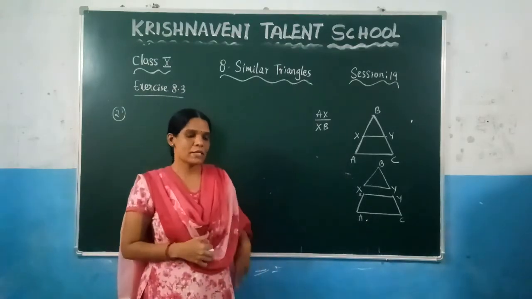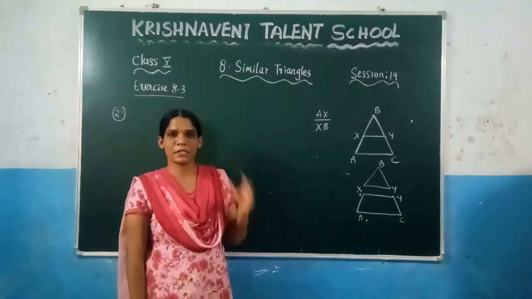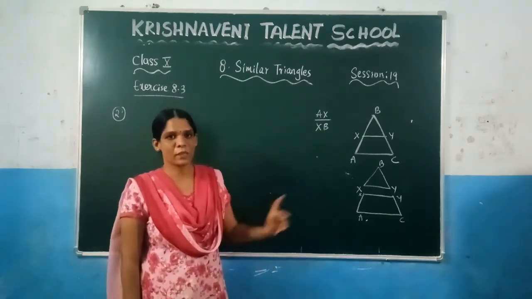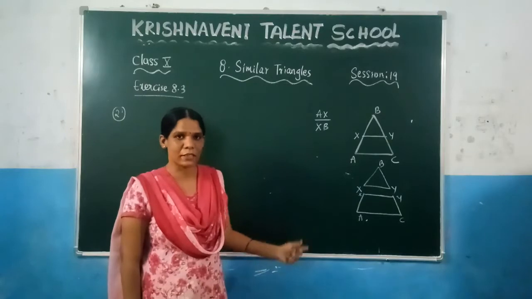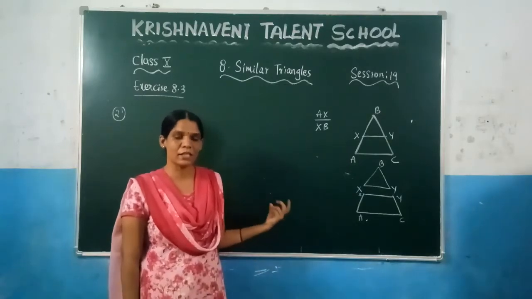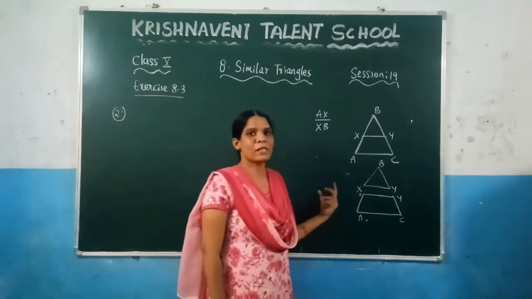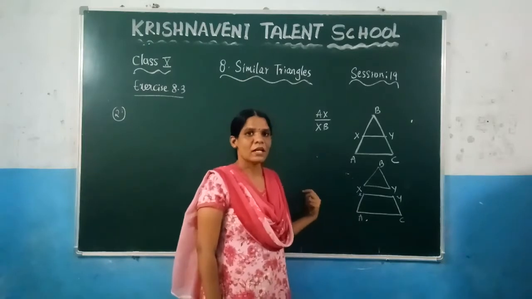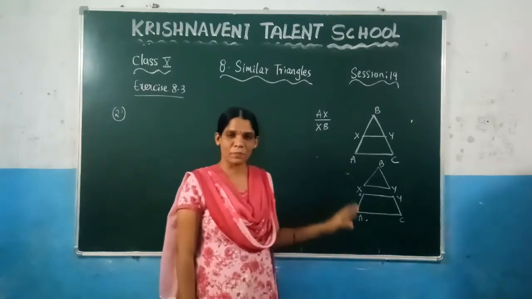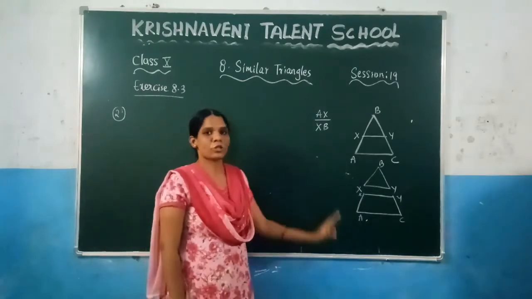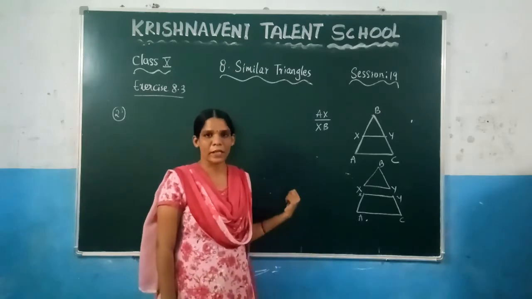This theorem is applicable only if you have two similar triangles. The theorem talks about two similar triangles, so first the triangles should be similar. Then you can apply that theorem.